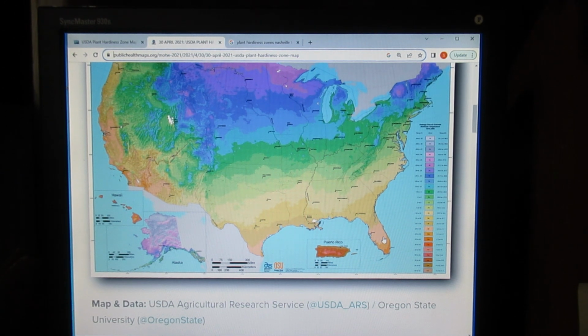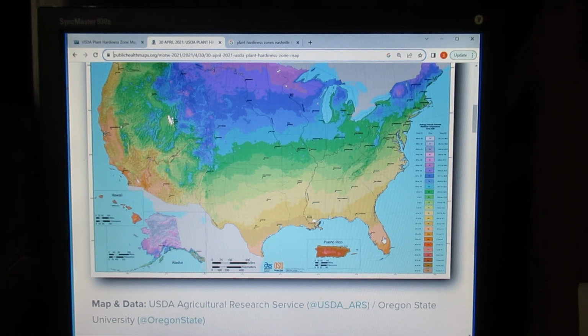So the map doesn't take into real consideration the duration of cold weather, the acclimation of plants, the complete lay of the land, microclimates in your own landscape. And another big thing it was not taking into effect for a while was climate change. Now it is.